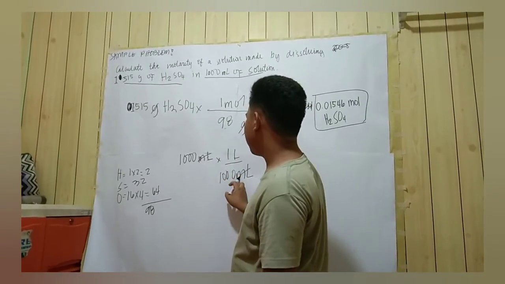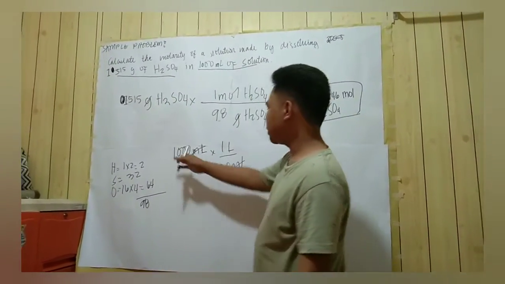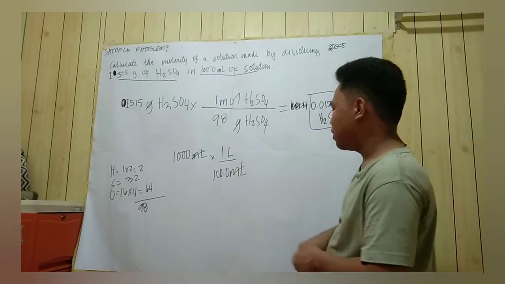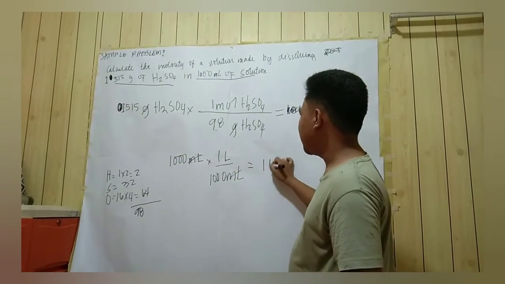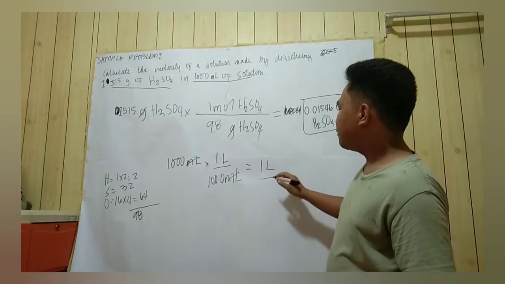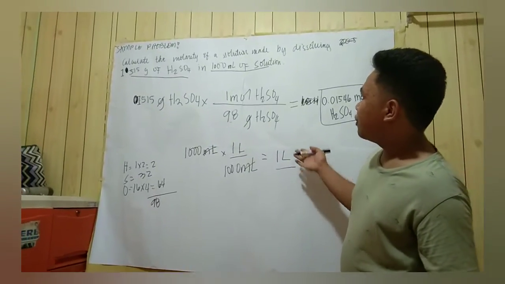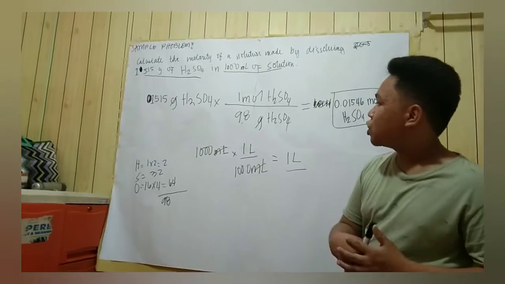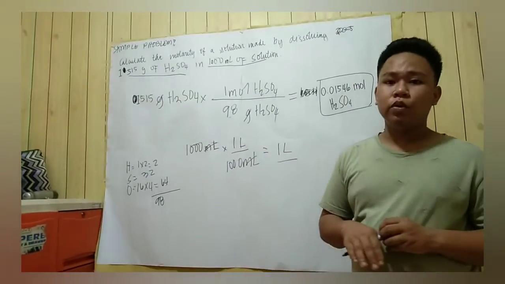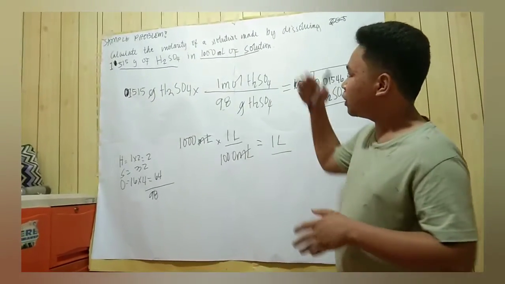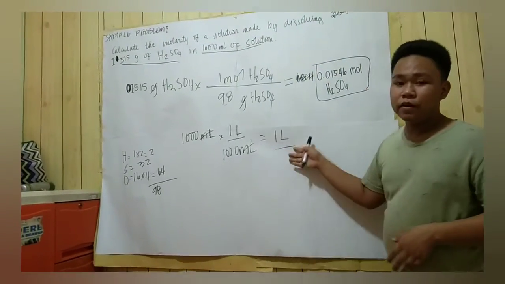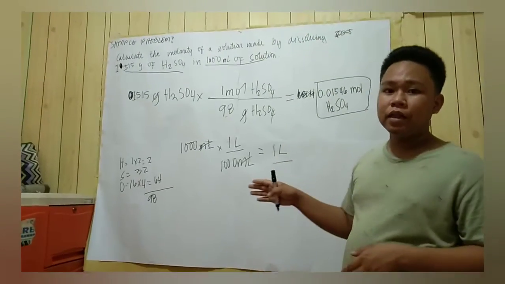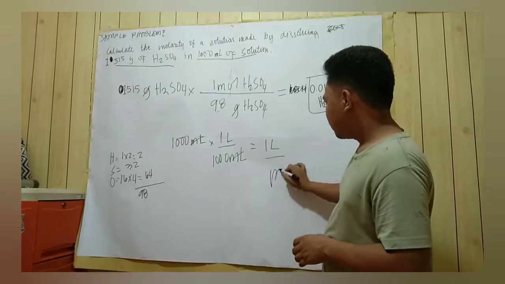We divide, so 1000 divided by 1000 is basically 1 liter. Now we have the given volume of the solution, so we can put in these given values to get the molarity.